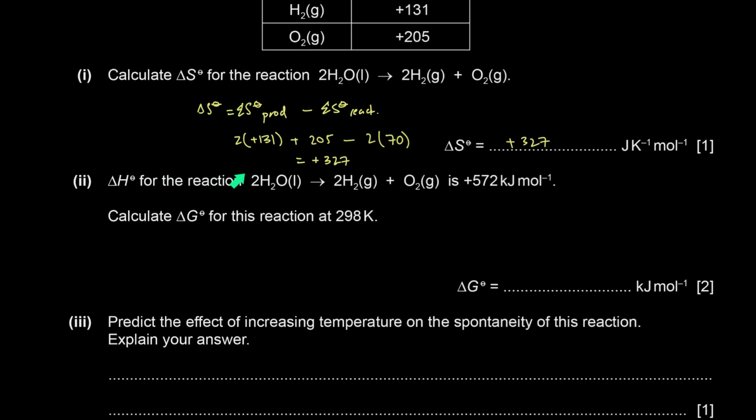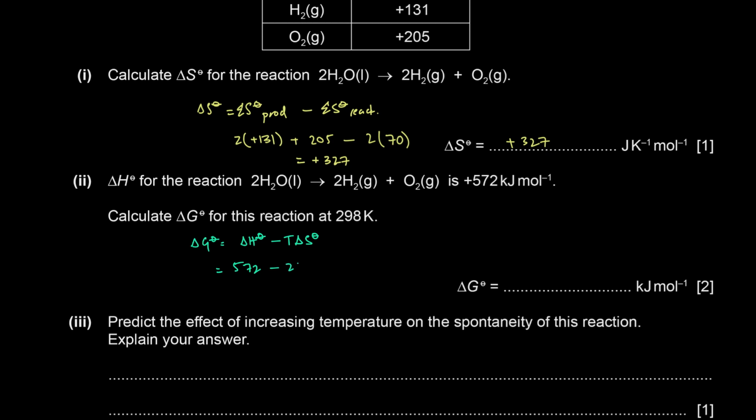Now, delta H for this reaction is positive 572 kilojoules per mole. Calculate the delta G for this reaction at 298 Kelvin, or the standard Gibbs free energy change. Now we know that the standard Gibbs free energy change is equal to the standard enthalpy change delta H minus T times delta S. Right, now delta H is given to us as 572 kilojoules per mole.